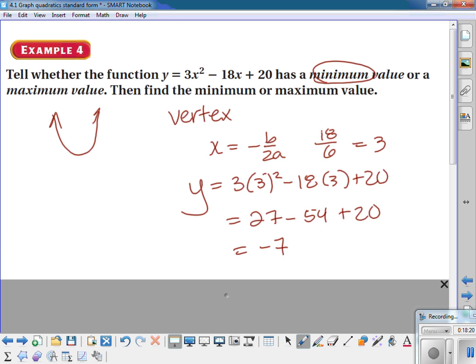So my minimum value is negative 7, because we're talking about the value of the function. That's why it has to be the y value. So y equal to negative 7 is the low point on this graph.